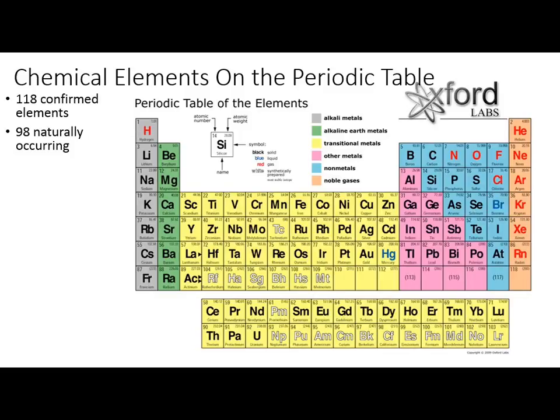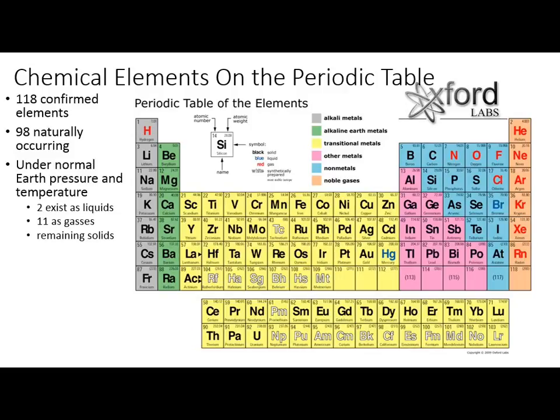I tell students, if you want to know where the unnatural elements are, find uranium. What's the symbol for uranium? It's U. If you find uranium, by golly, you know where the elements that are no longer here are. After uranium, we have things that are not naturally occurring.